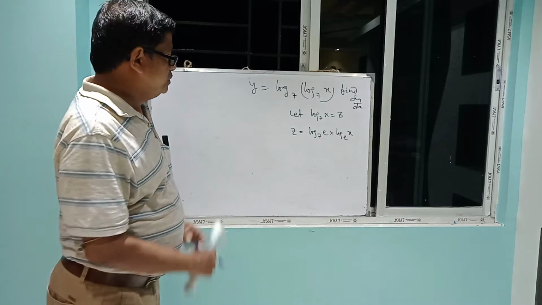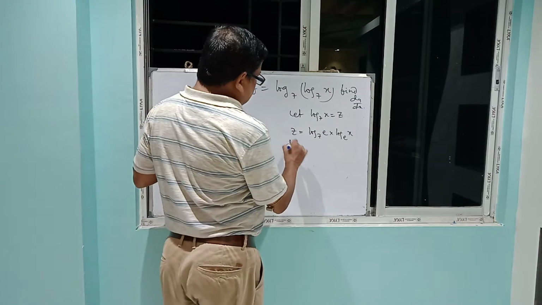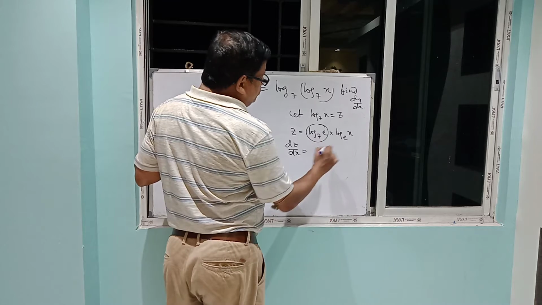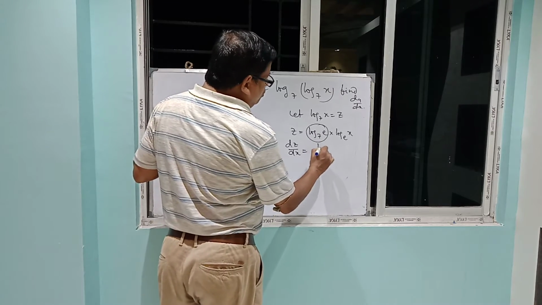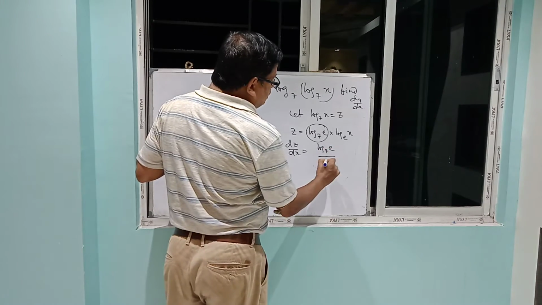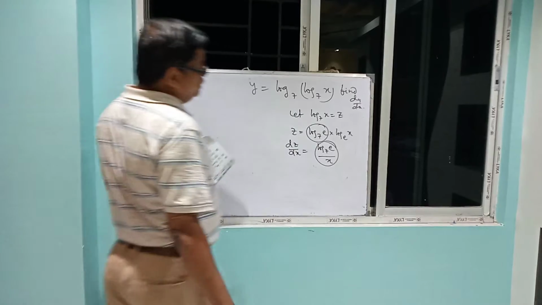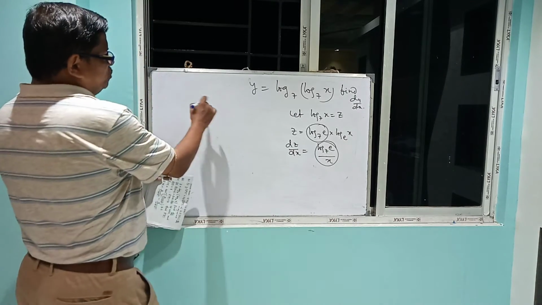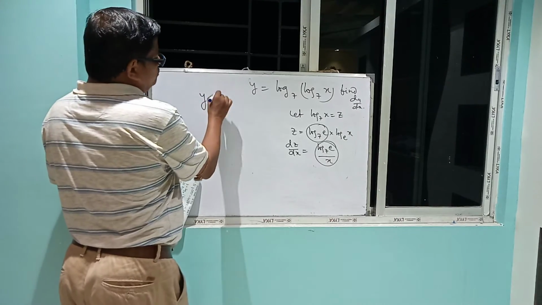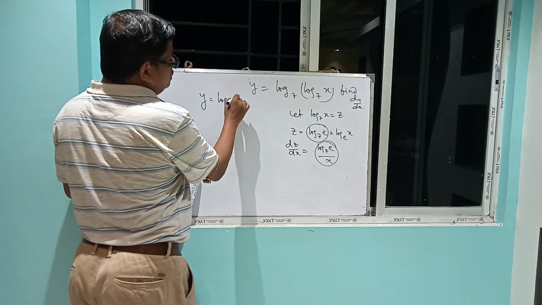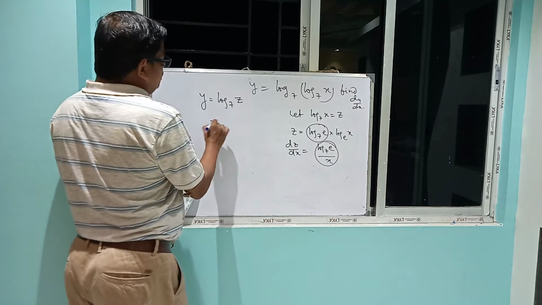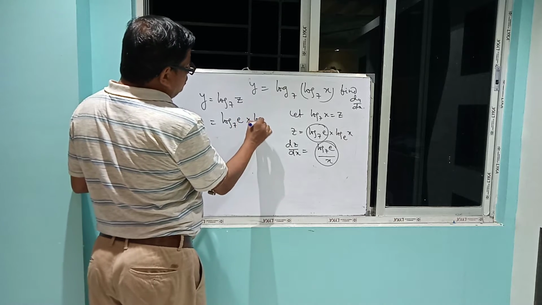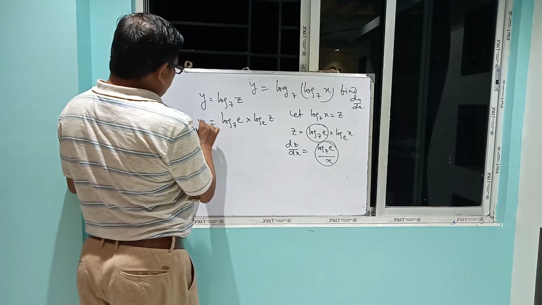Okay, so write dz dx. This part is constant. Okay, so 1 by x, so write log by x on this one, dz dx. Understood? Now write y equal to log base z, this is z. Similarly you have to write this one, log 7 base e, log e base z, y.